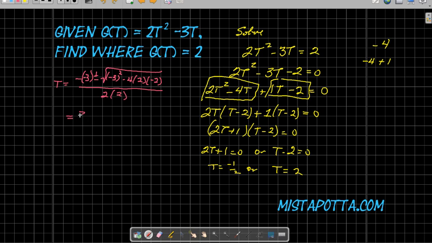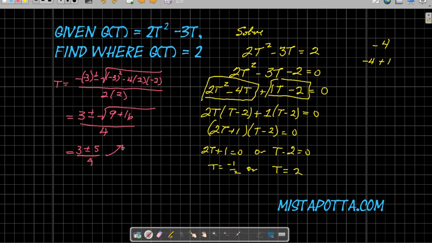So I would have 3 plus or minus the square root of 9 plus 16, all over 4. So this is really 3 plus or minus the square root of 25, which is 5, over 4.